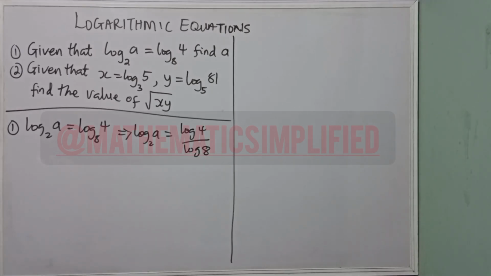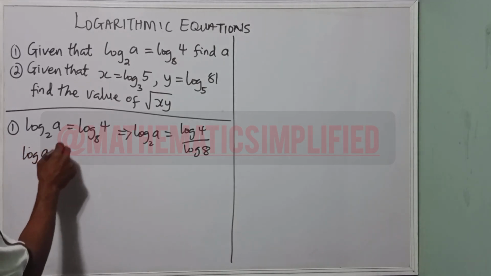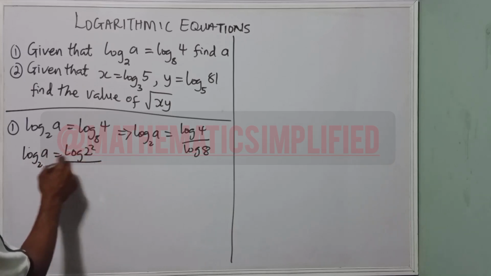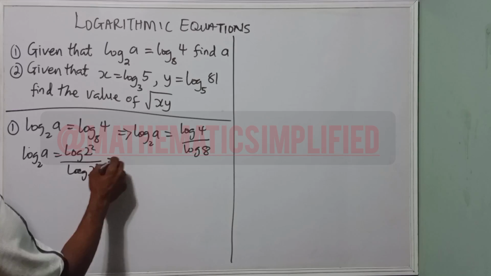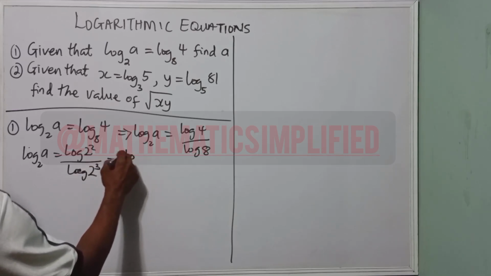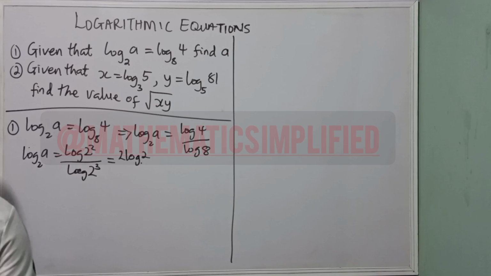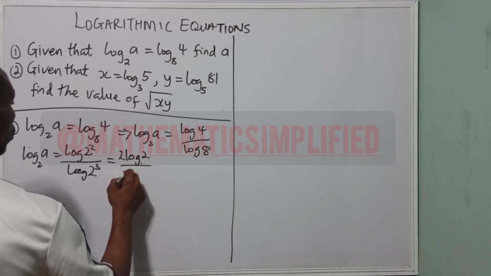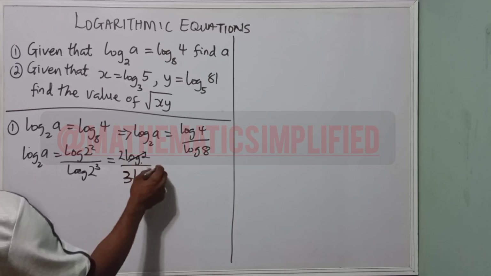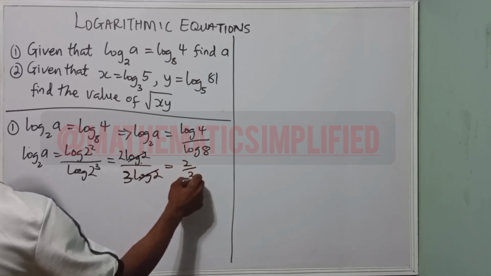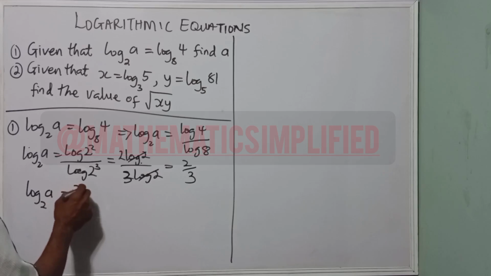Now, we know that log 4 is log 2², so we have log 2² over log 3, which is 2 log 2 over log 3. Here we cancel log 2, leaving us with log₂a equals 2 over 3.